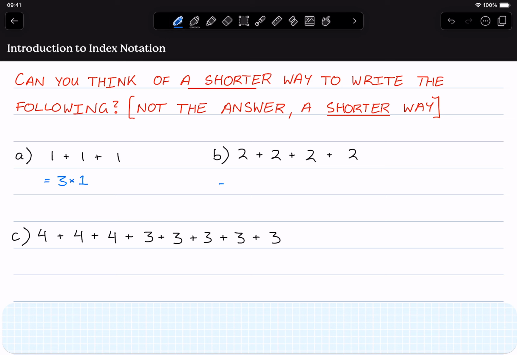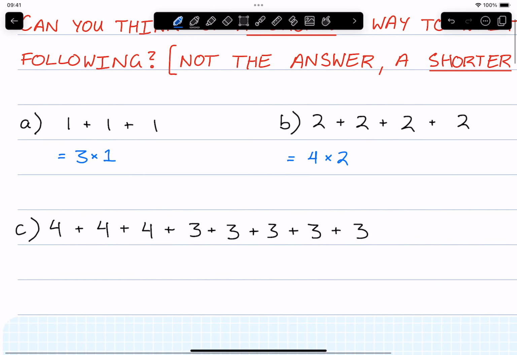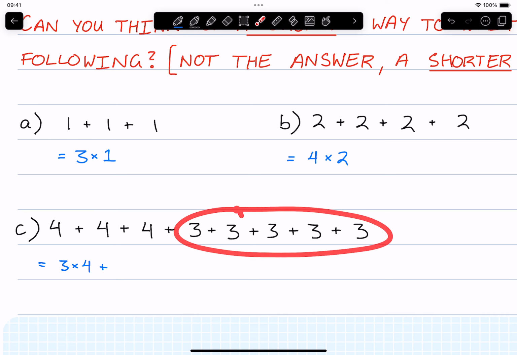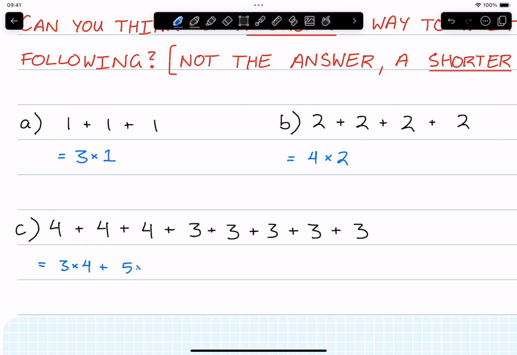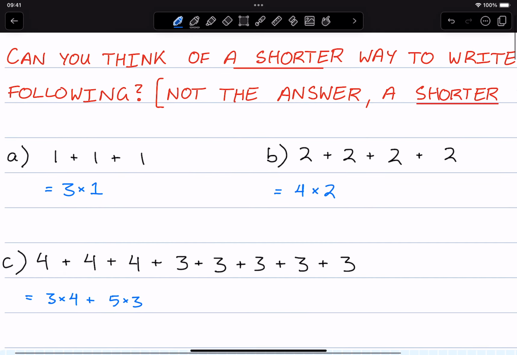Well, this is 4 lots of 2. And likewise with this one, this is 3 lots of 4. So 3 groups of 4 plus, and in this case here, if we count them, 1, 2, 3, 4, 5. This is 5 lots of 3.